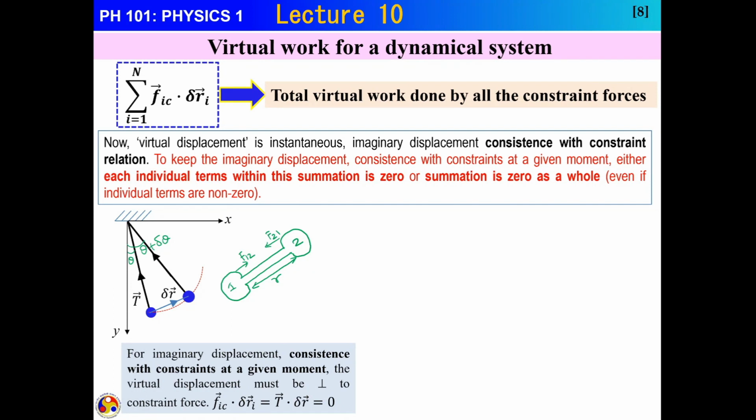If not, then you can imagine what happens to this dumbbell. So when you say virtual work done by the constraint system is 0, that means the system is not disturbed by the constraint forces.